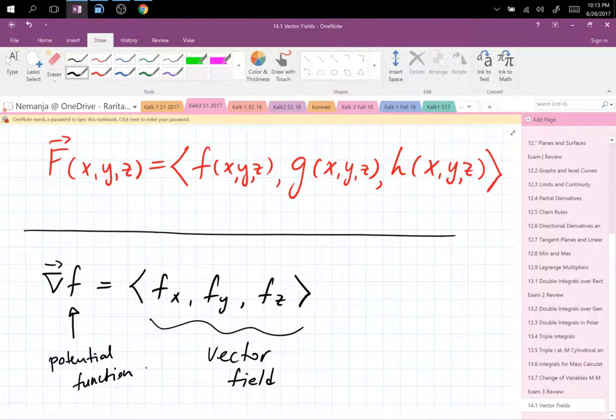The cool thing for tonight is just to play a little bit with these values. You have some vector field and you try to just get a sense of how to draw it. Most of the exam questions from 14.1 are either draw a 2D field or match the picture with the equation that is given.